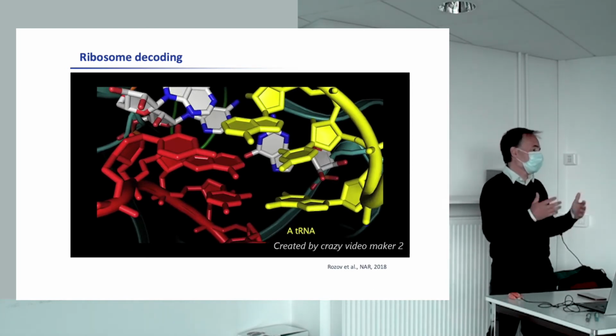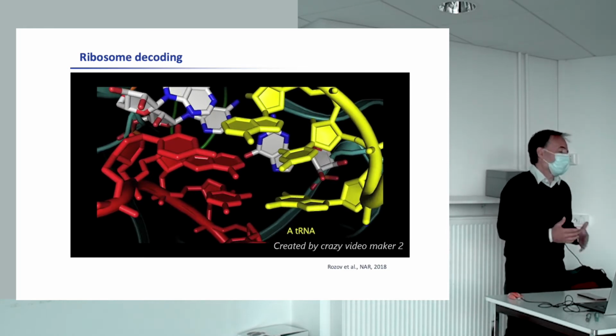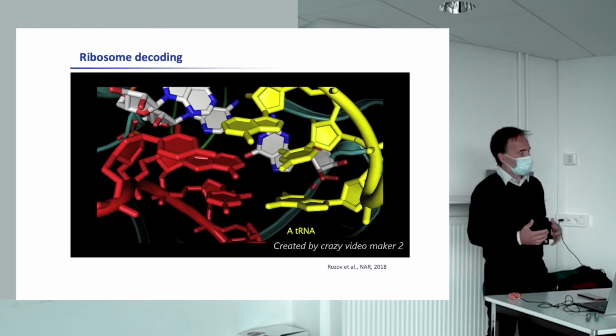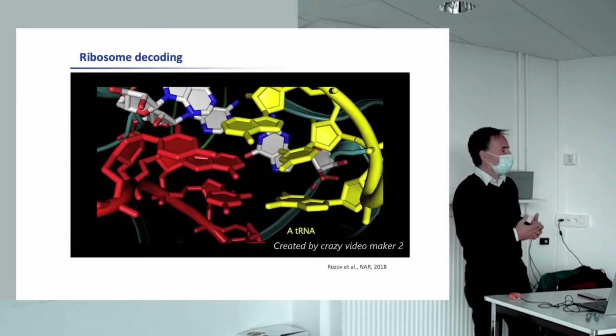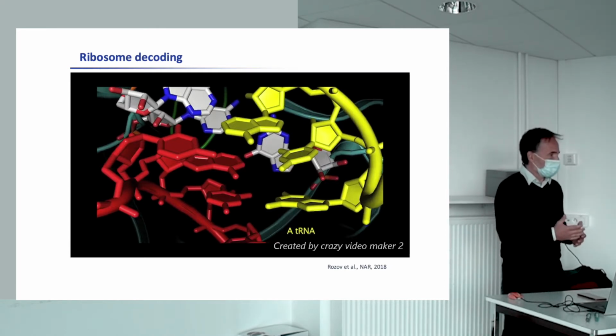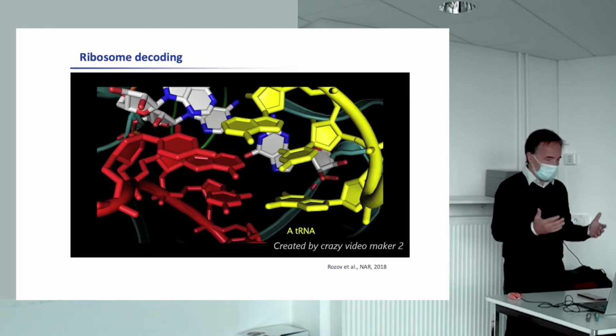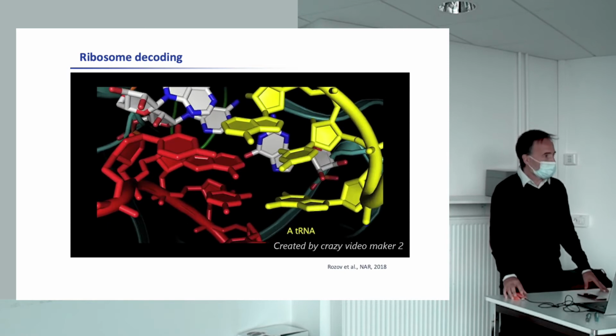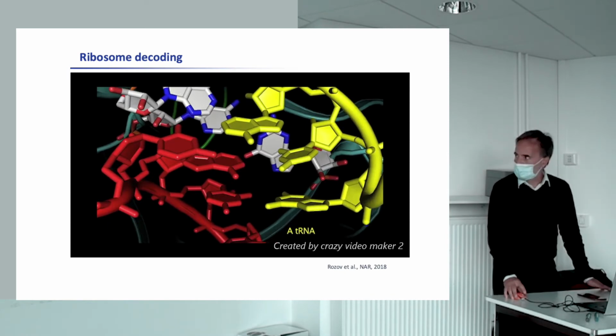All the tRNAs have the same numbering, even if they may change a bit in length, but by convention we have the same numbering for all the tRNAs. And the anticodon is always made by these nucleotides, 34, 35, and 36 in the anticodon loop of the tRNA.